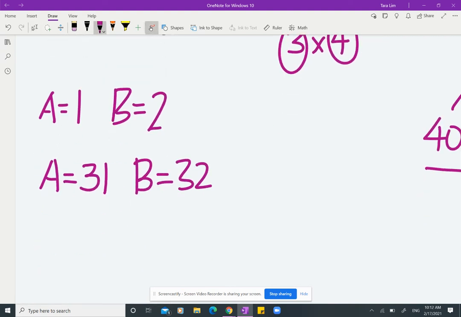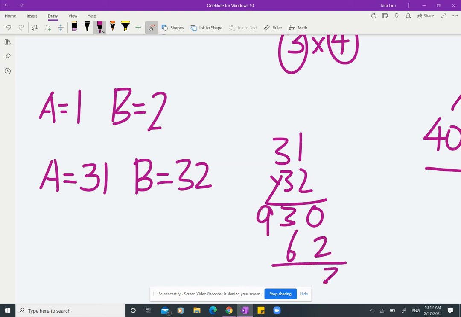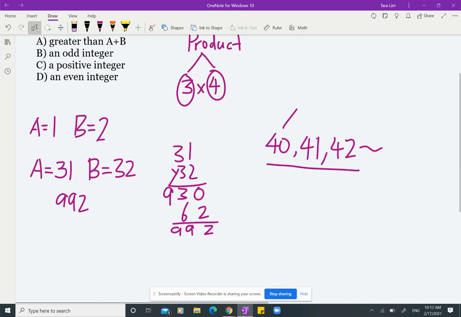Now 31 times 32 is, let's give us 3 and then 9 and then 2, 6. Okay, so we calculated them, and as you can see, the answer is 992. And 992 is an even number, so B is not correct.